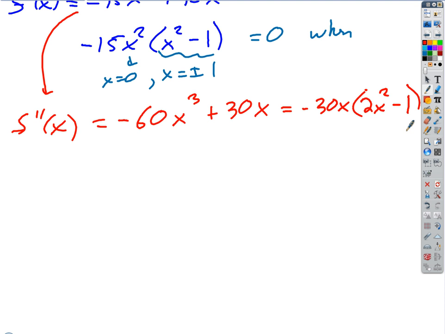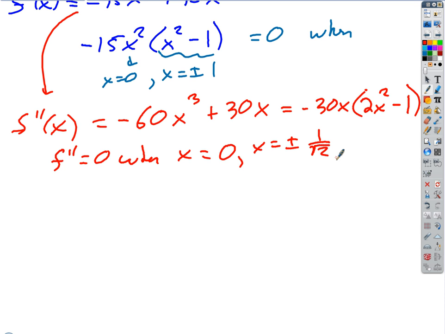And so this equals 0 when x equals 0, or plus or minus 1 over the square root of 2. We'll just leave the square root on the bottom, it's fine. Yeah, we are rebels. Okay, so we got all our critical numbers.